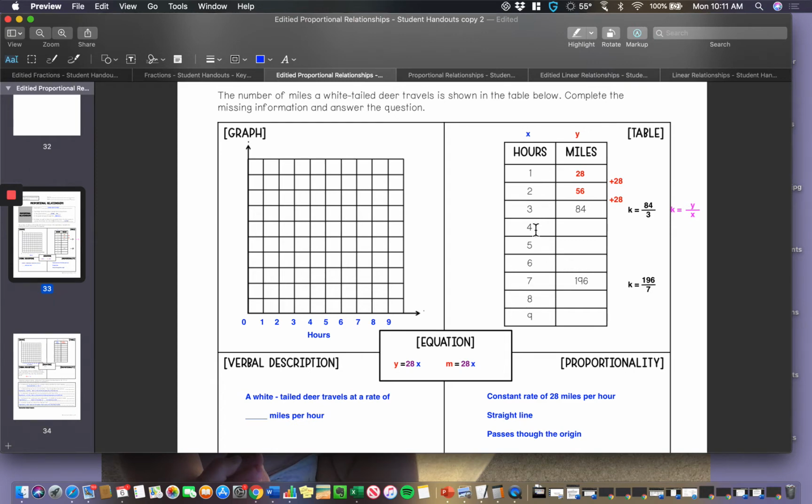Let's take a look at 4 hours. I could plug 4 into my equation. So y will equal, I'm just going to write the equation, 28 as my constant, multiplied by the amount of hours, 4.